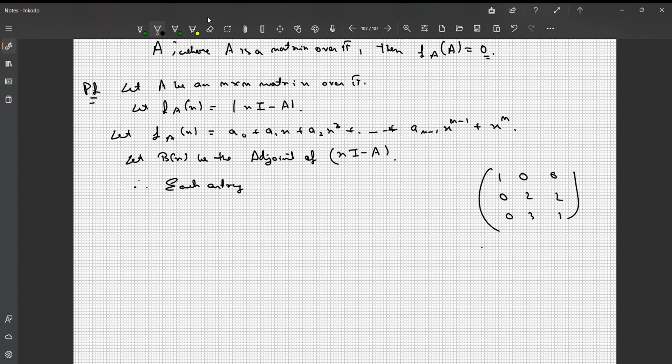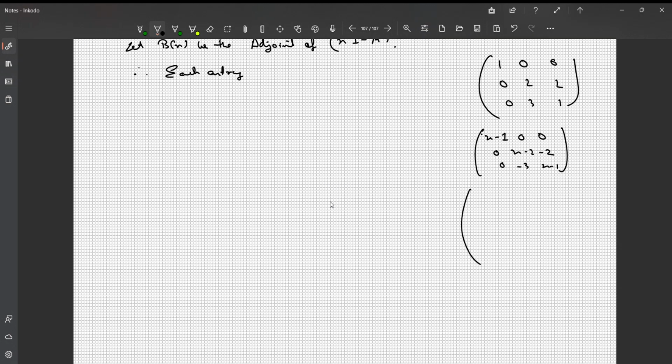Then the matrix xI minus A is x minus 1 0 0, 0 x minus 2 minus 2, 0 minus 3 x minus 1. So the adjoint matrix is formed from the cofactors. The determinant of x minus 2, minus 2, minus 3, x minus 1, then we have the cofactor of 0. I'll put the signs later.